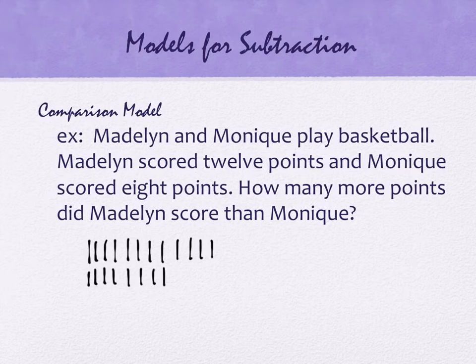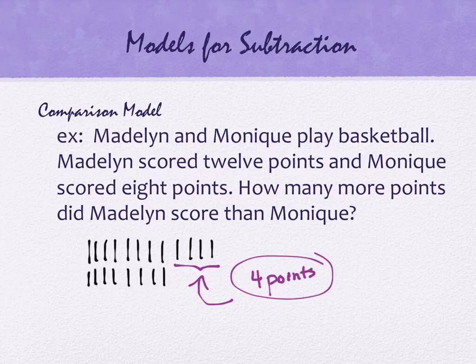And so you're sort of just pairing them up, and you're noticing these guys are missing their counterparts. Kind of left out there to dry, right? This is my answer. The answer is 4 points. That's how many more she has. There's nothing special about tally marks, but they work okay.